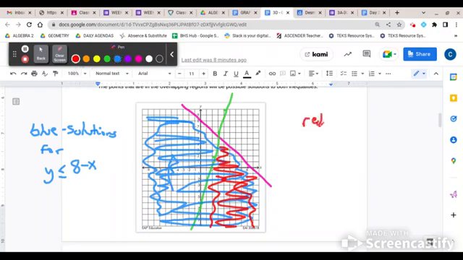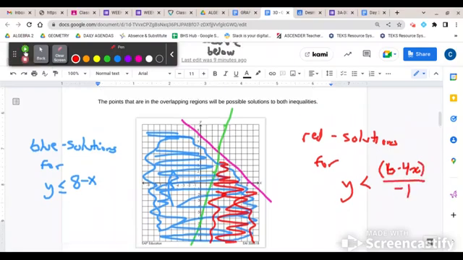The red are the solutions for y being less than parentheses 6 minus 4x all over negative 1. So everything in the blue is a solution for y less than 8 minus x. Everything in the red is a solution for the other one, y is less than 6 minus 4x all over negative 1.